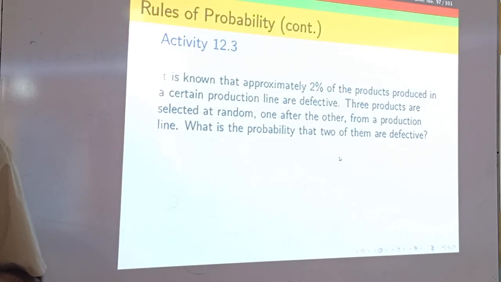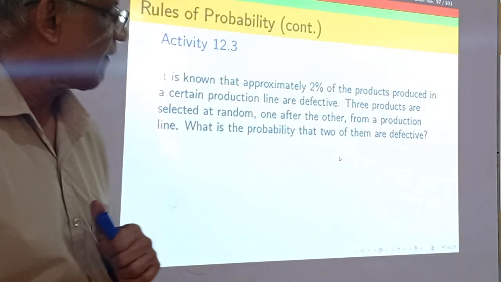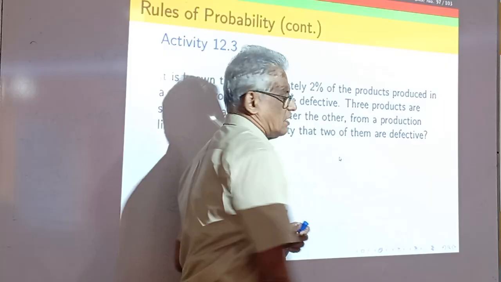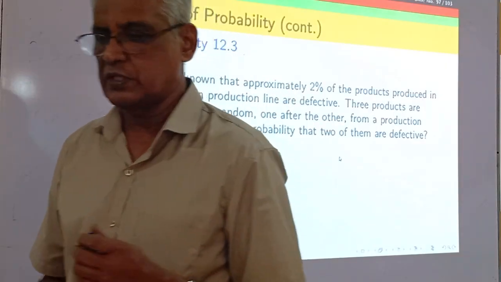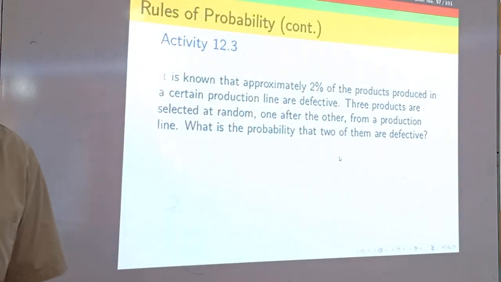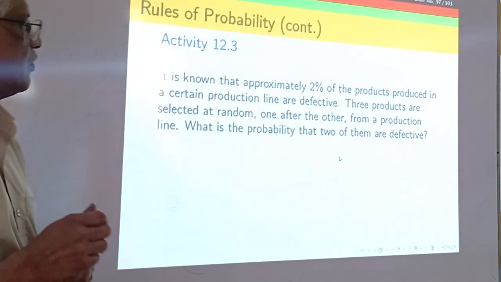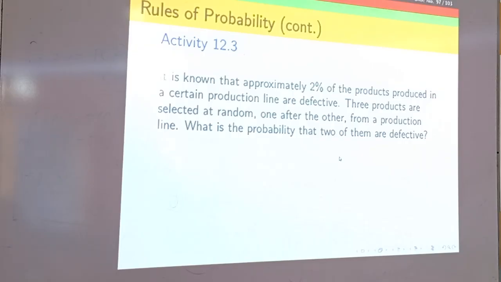What is the probability that 2 of them are defective? So we know that the probability any item will be defective is 0.02. Right. So how do we answer this question?